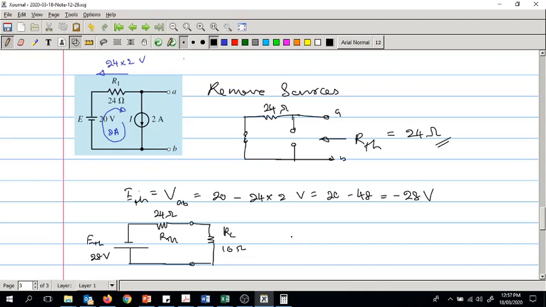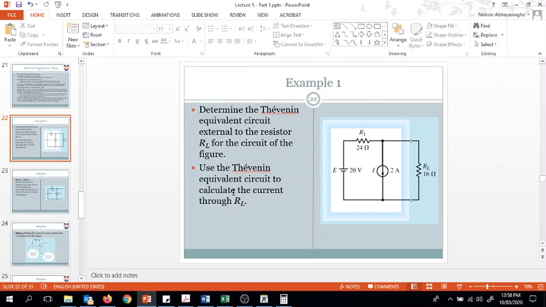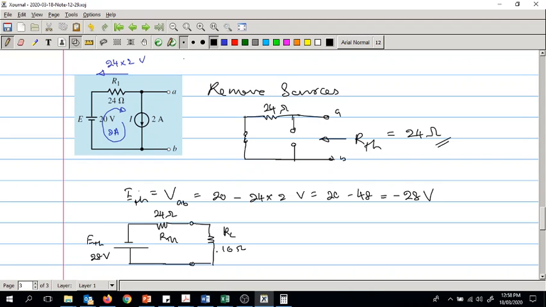Now what is IL? That is what we are supposed to find after doing that, the current through IL. So I am going to mark the current downwards, IL. So IL is minus ETH over RTH plus RL using Ohm's law.